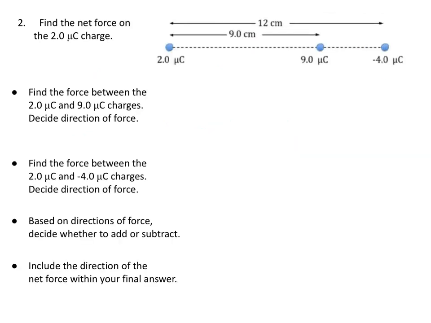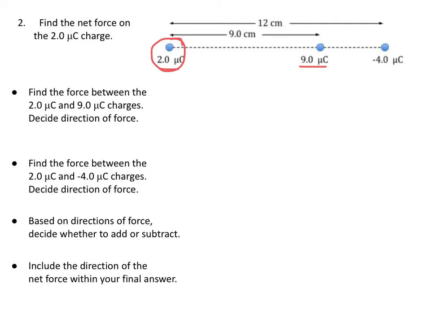So we have these two same charges, our 2 and our 9 microcoulomb charge, but we've added in a third, a negative 4, that's off to the side. And our goal is to figure out the net force on this charge right here. Okay, so that's our focus. And I like to circle it on my paper if I'm working on paper and really make sure I'm aware of which one that is.